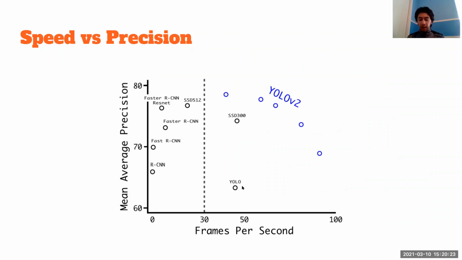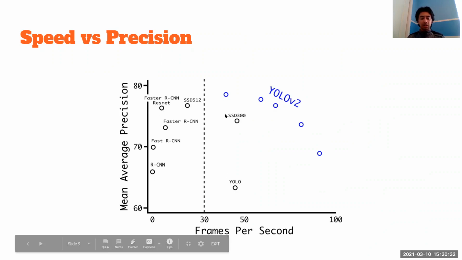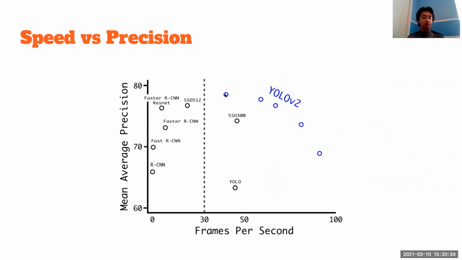But with YOLO v2 at around 50 frames per second or 75 frames per second, it's at about the same accuracy. If you decrease the number of frames per second, then you're going to increase the accuracy of YOLO v2. For the demo that I did, YOLO v2 is about 6 times faster than faster RCNN, running at about 5 seconds for 5 images versus faster RCNN taking 30 seconds for the same amount of images.